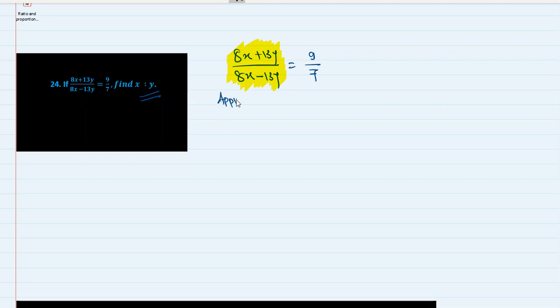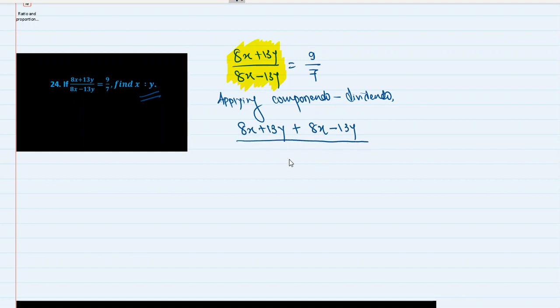So applying componendo dividendo. Applying componendo dividendo, what do we get? (8x plus 13y) plus (8x minus 13y), that is numerator plus denominator, upon (8x plus 13y) minus bracket (8x minus 13y). So what happens?